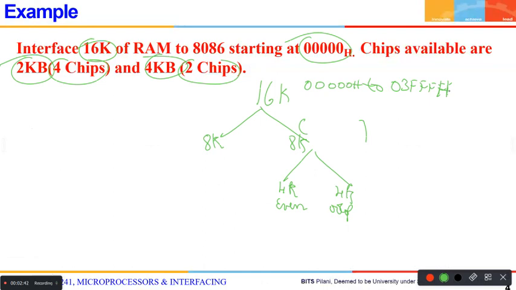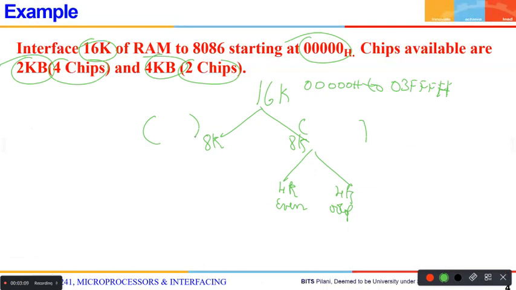Now, when you divide it into two 8Ks, what is the range of this and what is the range of this? This is very important. This is first standard mathematics, first standard logic. Learn this.